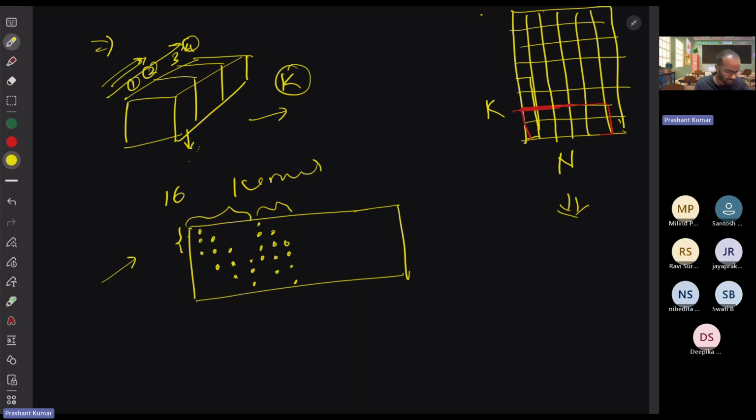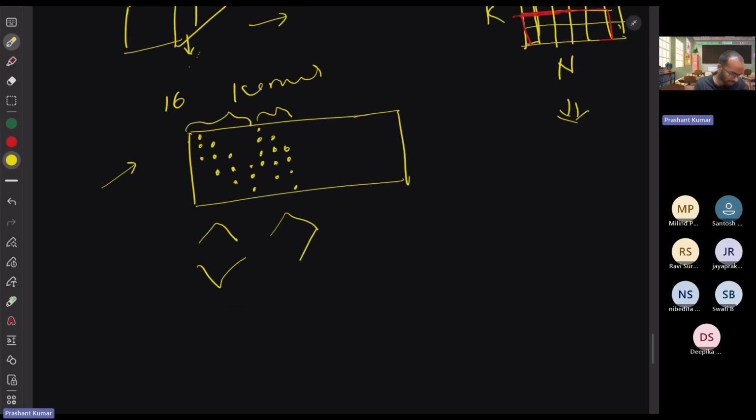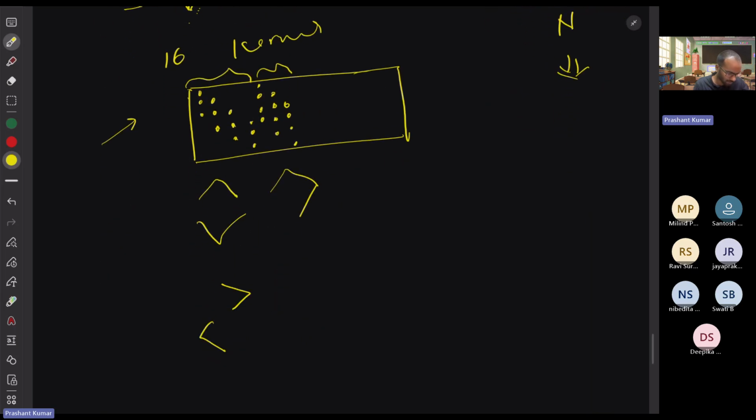If I am taking the combination of 3, then I am trying to create something like a curve. But when I create the combination of 4, maybe my combinations look like this, or like this, or like this. I can take these kinds of features together, and then I can do normalization.